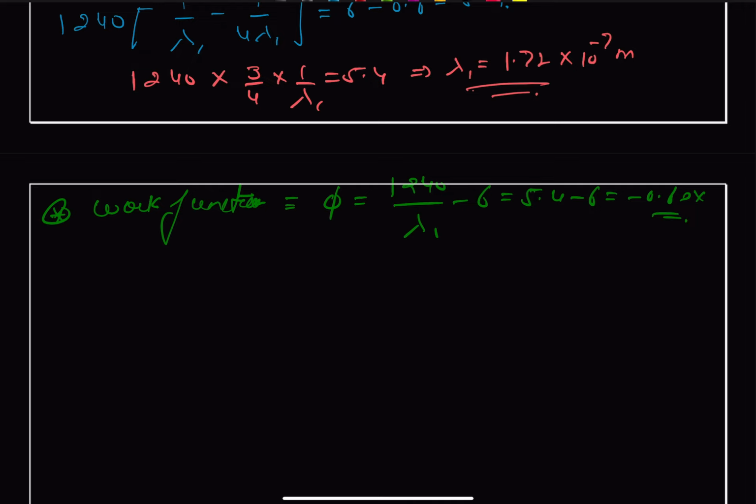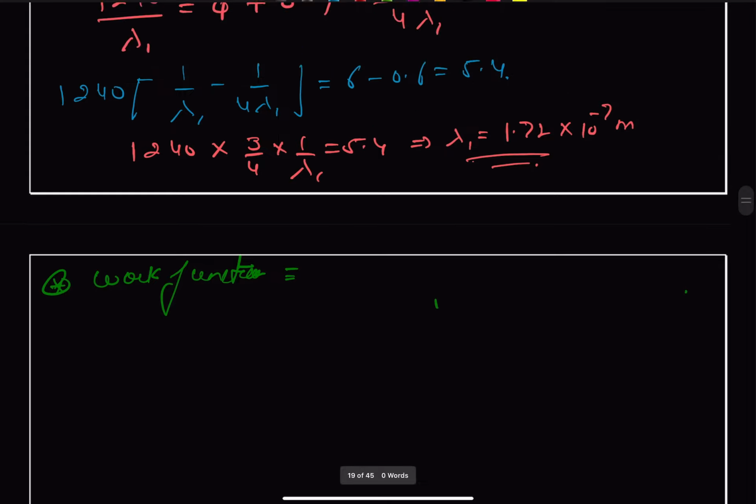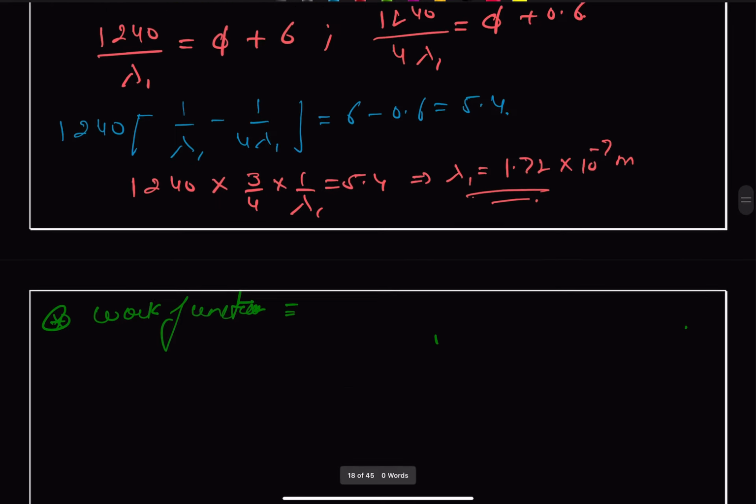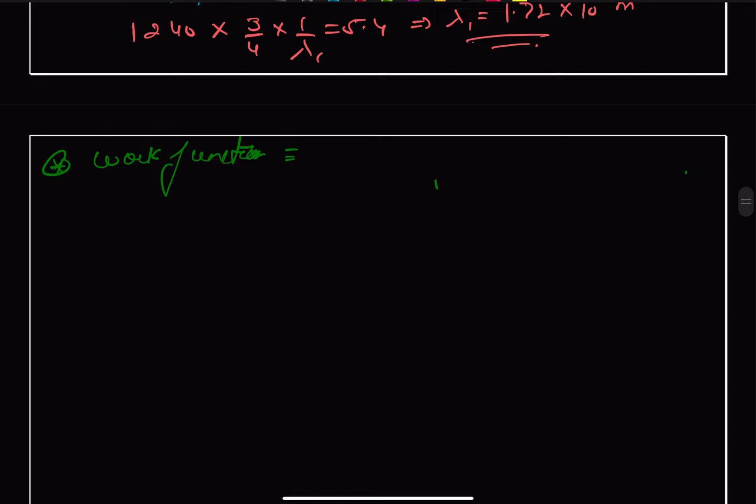One second. No, my mistake. One second. So let me write 1240 by lambda 1 is equal to 5 plus 6, and lambda 1 is, so this gives us 1240 over 1.72, and it has to be nanometers.